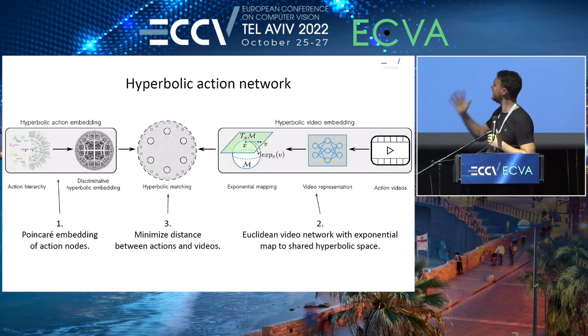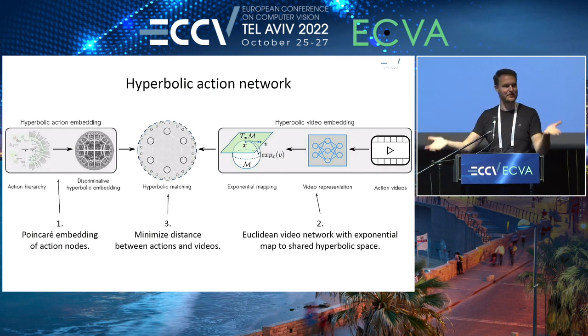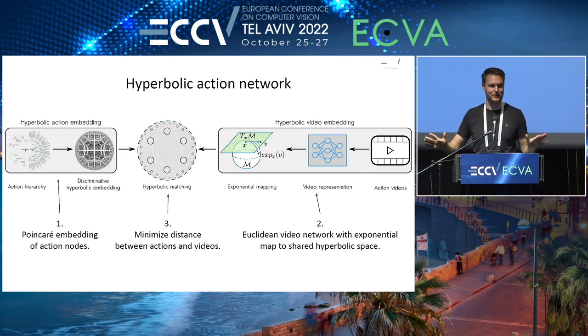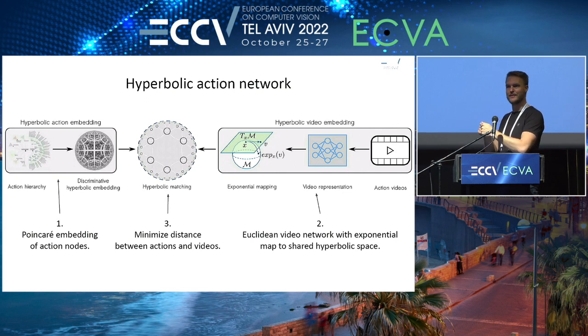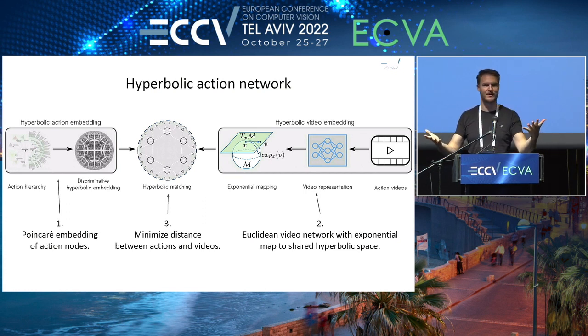And on the other hand, you have a video. You do your video network, again, Euclidean, until your video is compressed into a representation. Again, that you can move to hyperbolic space with the exponential map. And now both videos and these action hierarchies are points in hyperbolic space. And I can, again, just minimize distances.